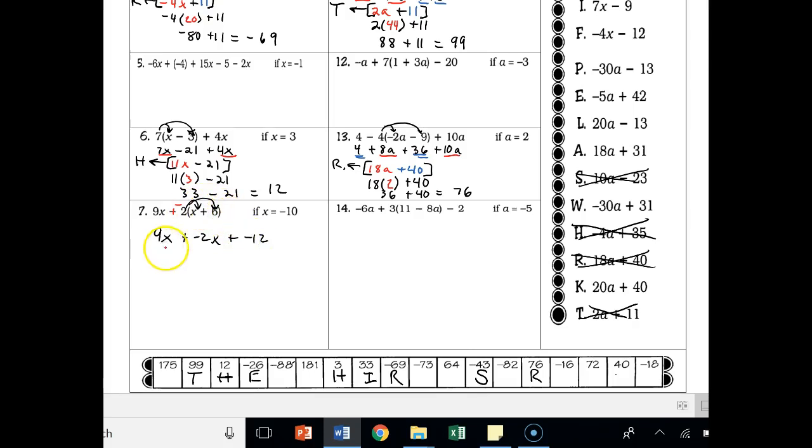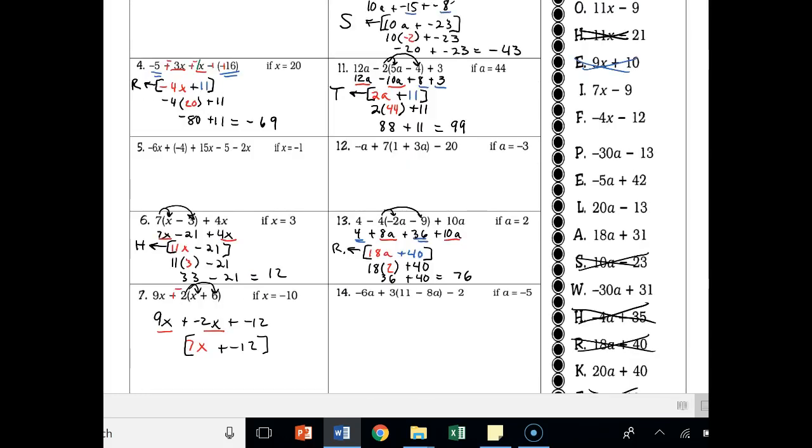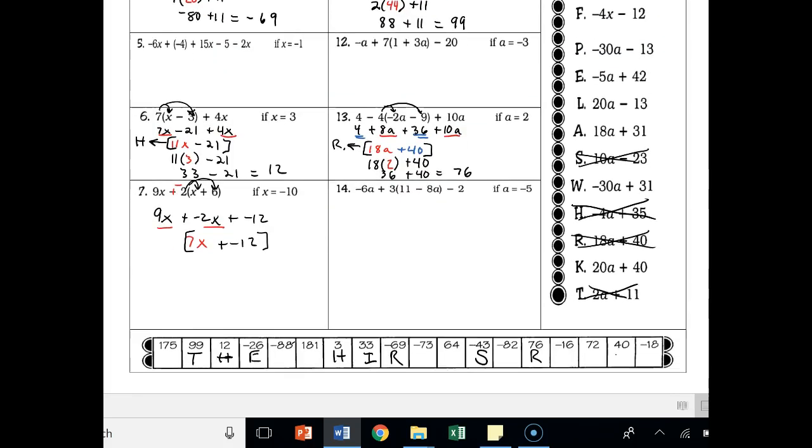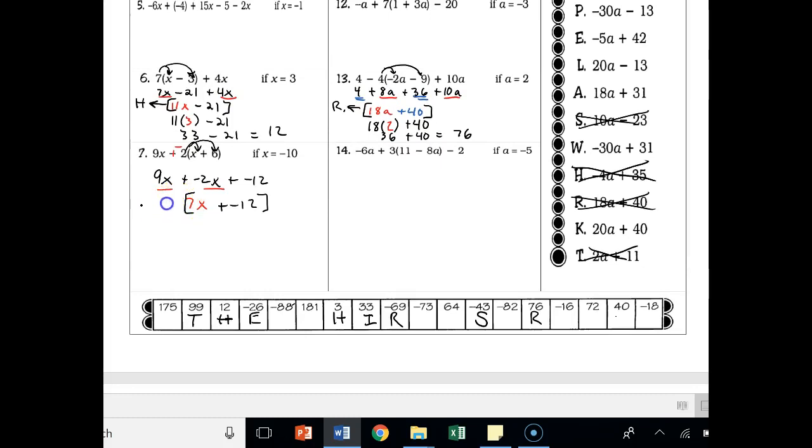Now we combine like terms, so that's 9x and -2x, that's 7x, and then plus -12. So we look for this over here, and we find 7x plus -12 right here, E. So cross it off and say, hey, this is letter E.